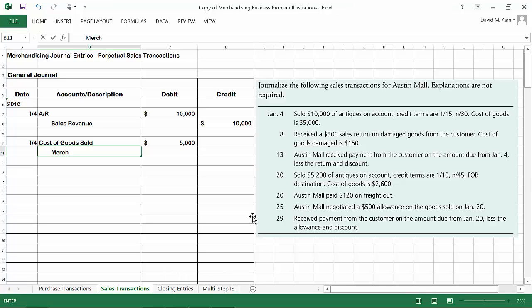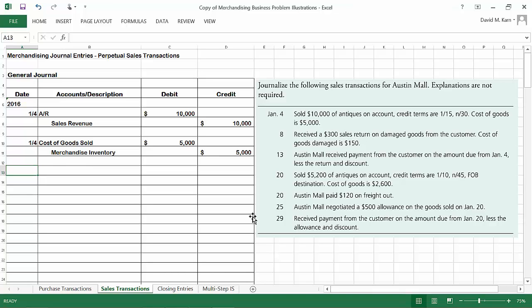We are giving up merchandise inventory. So you can see here how this makes sense. We bought goods for $5,000 and in turn doubled our money because we ended up selling them for $10,000. Now remember, these are on credit, so the buyer has the opportunity of getting a sales discount. We'll see if they pay within a 15-day period or not.